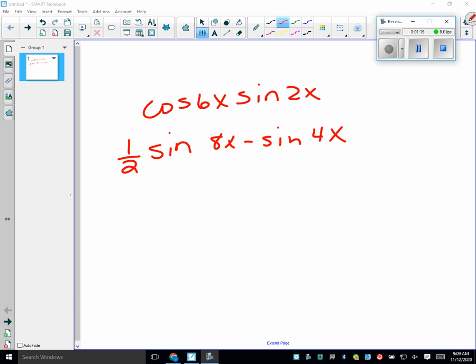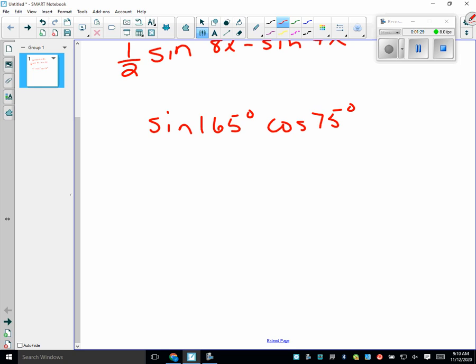this time, if I give you sine of 165 degrees, cosine of 75 degrees, it says use the product to sum formula to find the exact value.